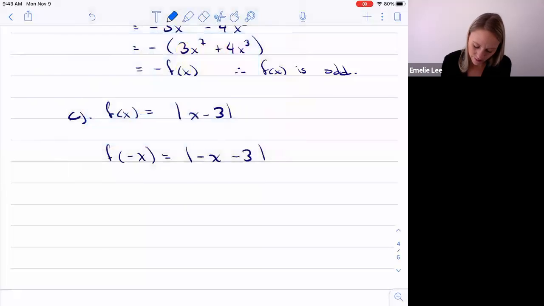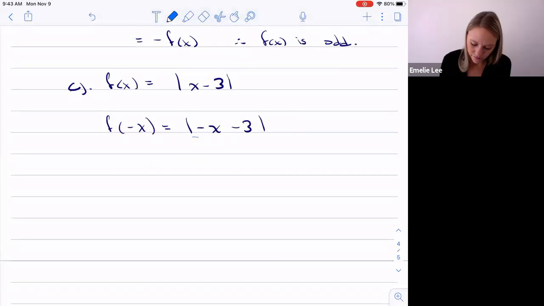And so sometimes, I wanted my pointer still, sometimes it's going to be easier to look at f or negative f of x, because I know this doesn't look like the absolute value of x minus 3.